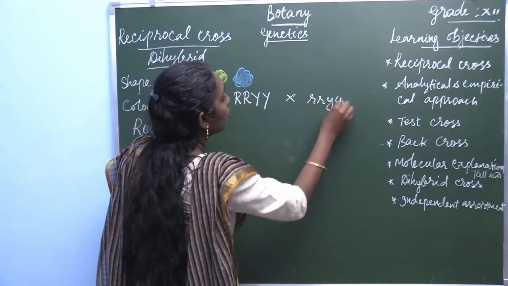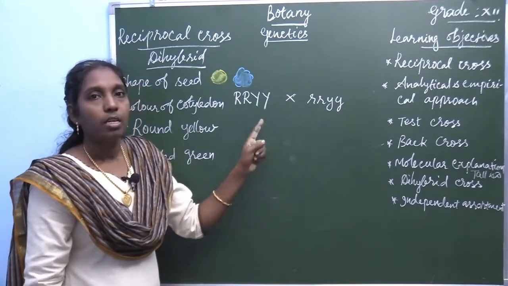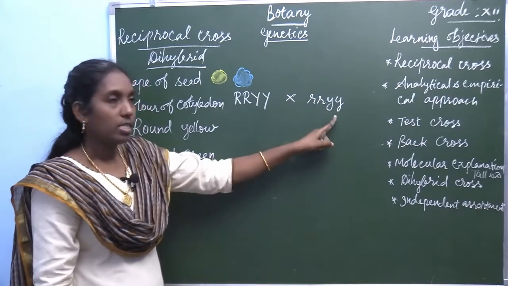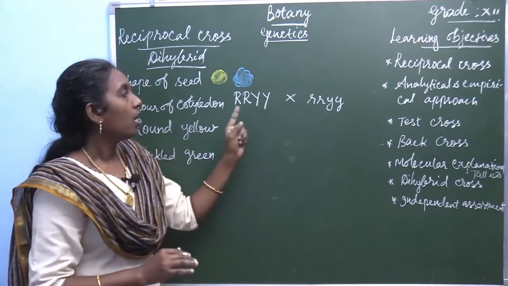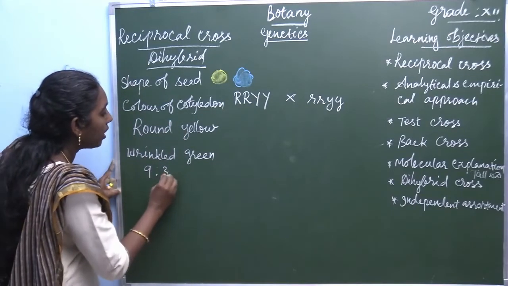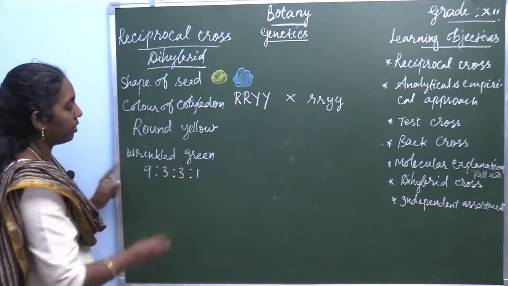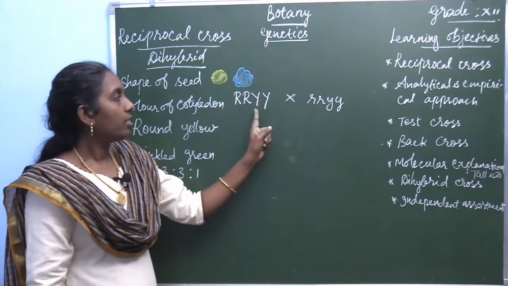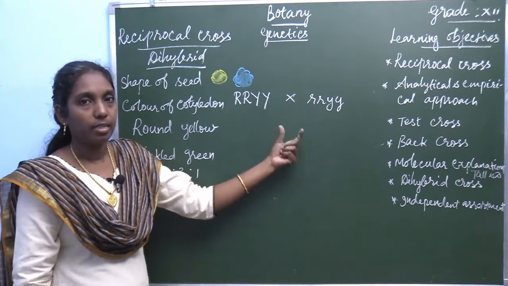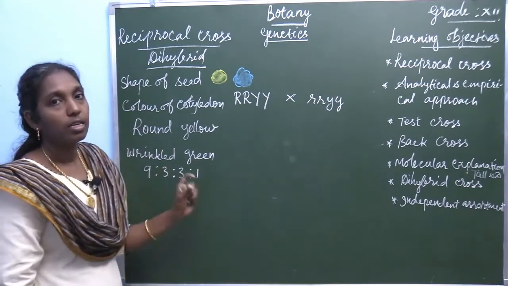small y, small y. When you write these capital letters and small letters, write them very clearly because you have to find the ratio under this. 9:3:3:1 is the ratio under dihybrid cross. If you write the alleles and the gametes correctly, you can get the proportions correct.